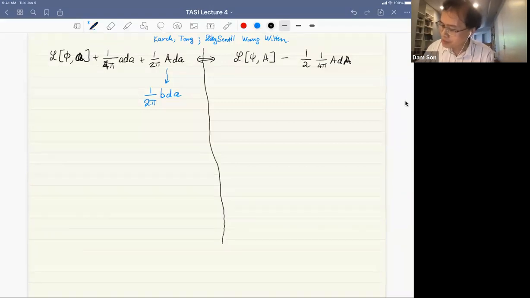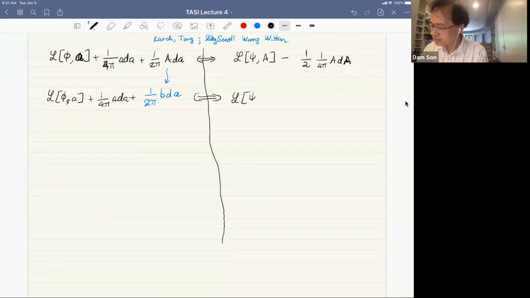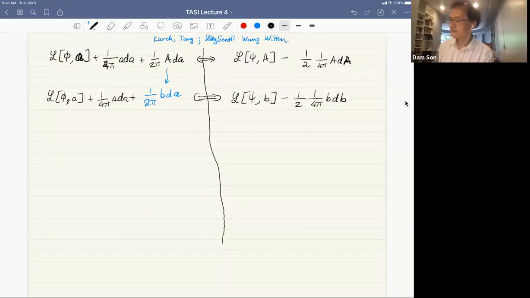So now we have a new duality between the theory on the left, which has two gauge fields, L of phi A plus 1 over 4 pi AdA, that is dual to a theory in which this A is now promoted to a gauge field, and in the path integral, we integrate over it. So the expectation here is that the partition function, before this A was promoted to a gauge field, was the same on the two sides, so we just integrate over A, and then make a statement about the duality between two field theories.